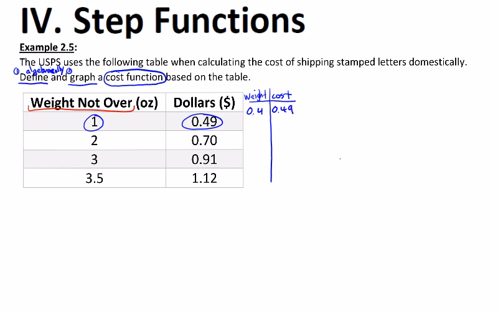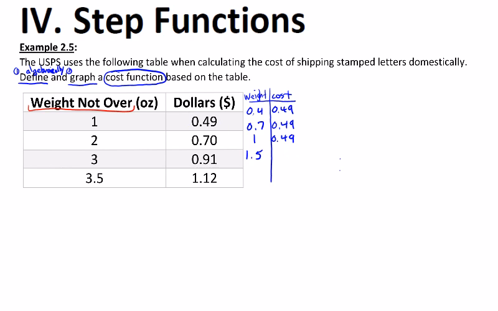If I pick something that weighs 0.7 ounces, it's also going to cost me 49 cents. If it weighs exactly 1 ounce, well, 1 ounce is not over an ounce, it's exactly 1 ounce. So that should also still cost 49 cents. But if I go over 1 ounce, say I go to 1.5 ounces, then I'm no longer going to be in that first category.